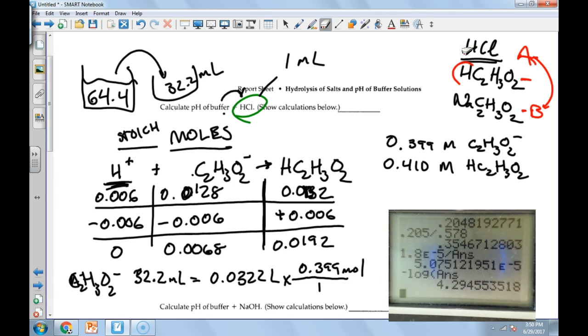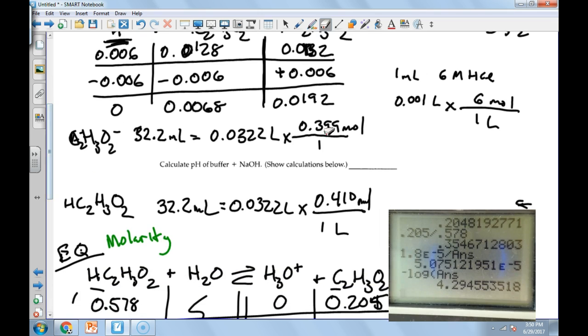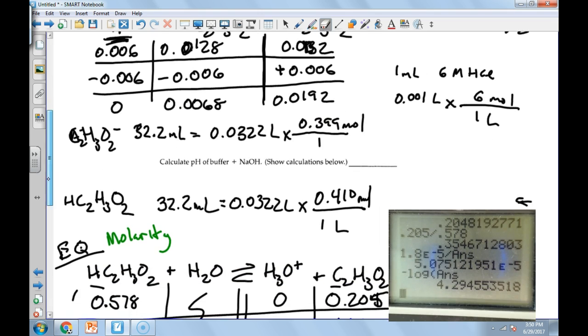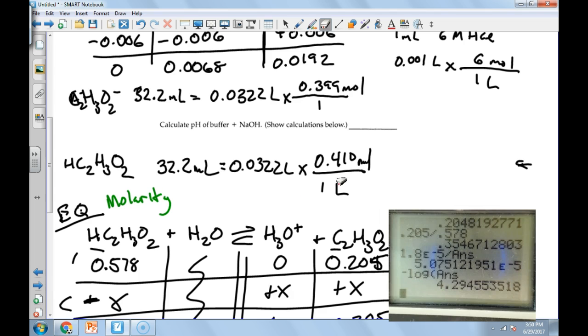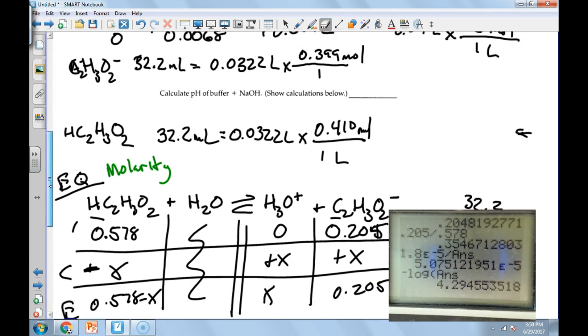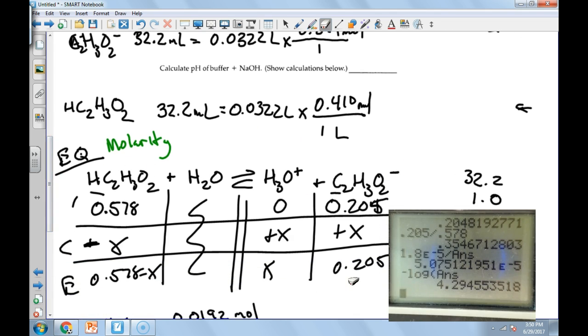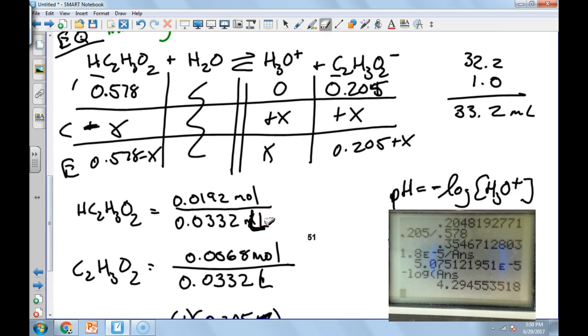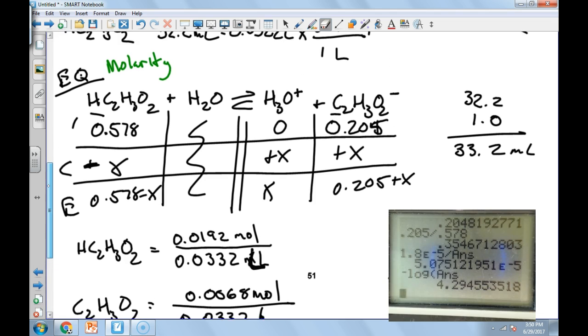So you have to write a reaction of the base plus the acid, giving you something. Then convert everything to moles, finding out how many moles of everything are left. Once you have the moles of everything that are left, you can set up and solve the equilibrium and figure out what x is. And then, at the end, you're going to compare those values.